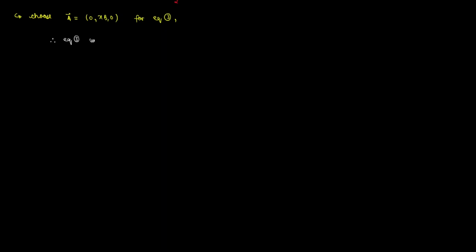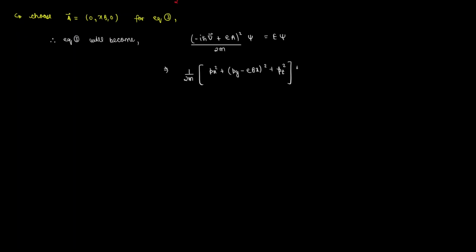So therefore equation 3 will become one divided by 2m times px square plus py minus eBx whole square plus pz square acting on psi will give you E psi.